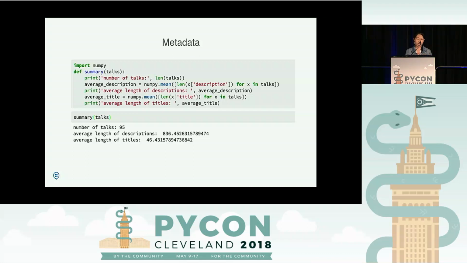There are 95 talks. The average length of a description is 836 characters. Those all sound very sane to me. In a more rigorous machine learning model, you probably want metrics like precision and recall of the algorithm. What are some examples of false positives, some examples of false negatives?